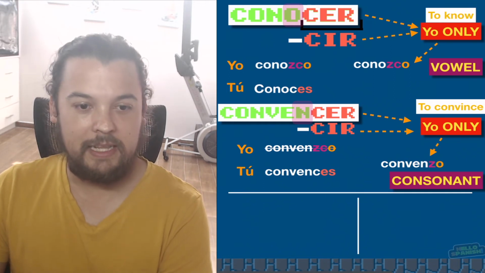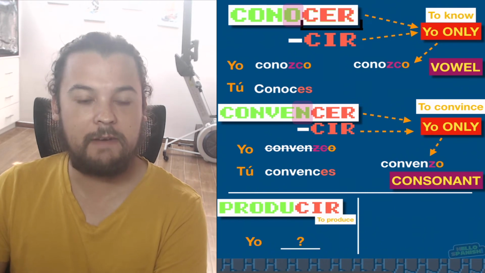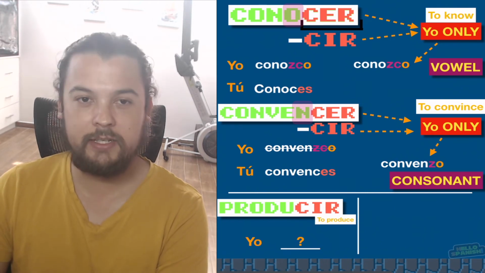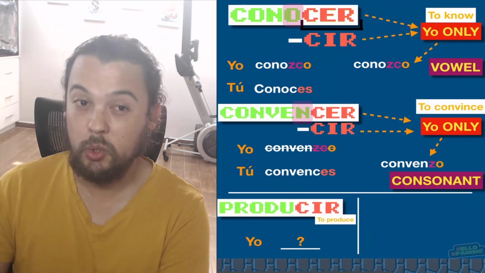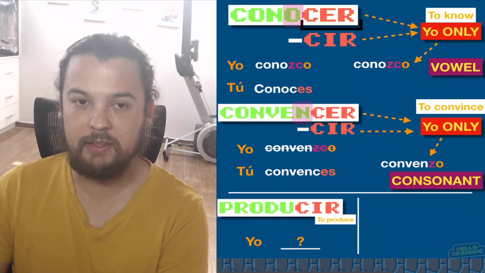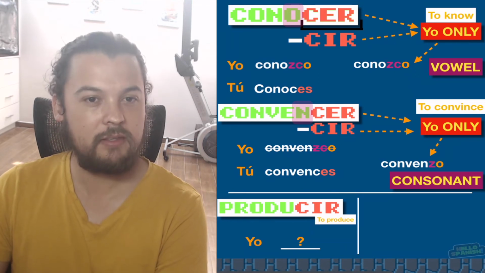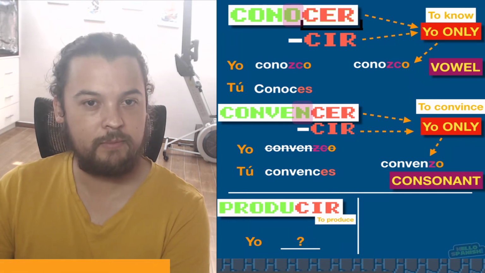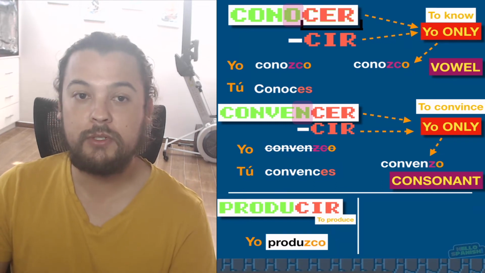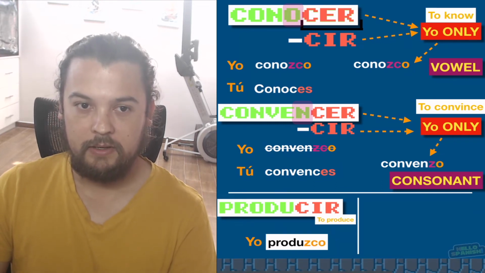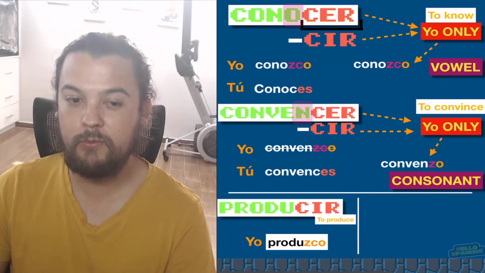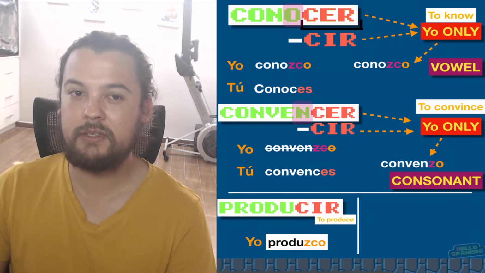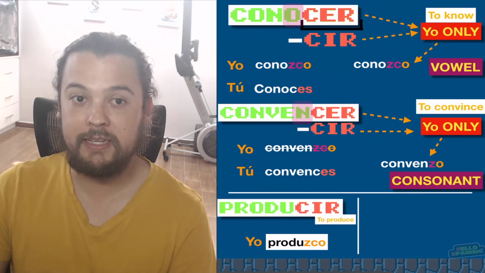Okay? So let's see some verbs. You have producir. Notice that it's a CIR and it has a U, a vowel, behind the ending. So how would the yo form be? It would be produzco. For extra points, try to conjugate the we form because remember it's regular, but it's an IR.